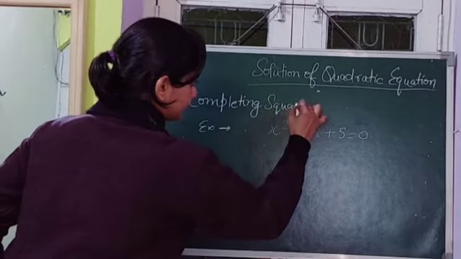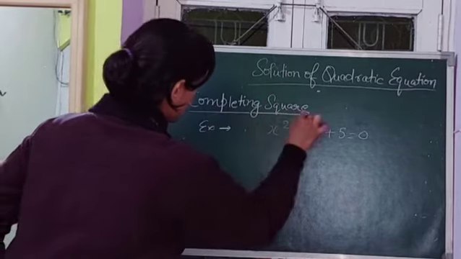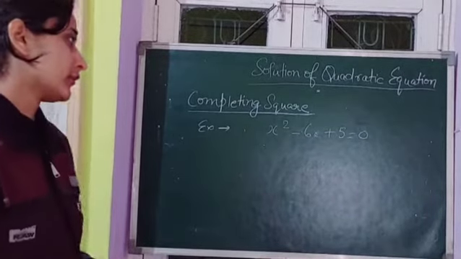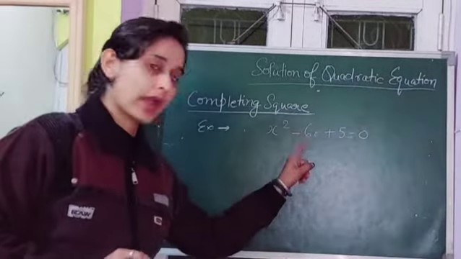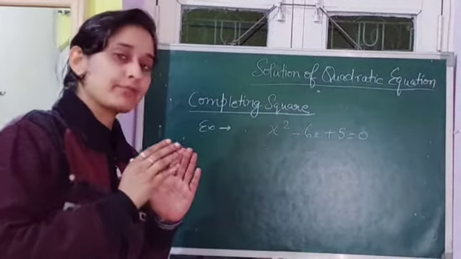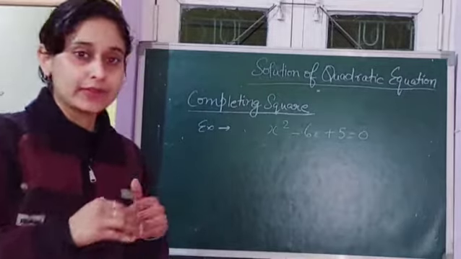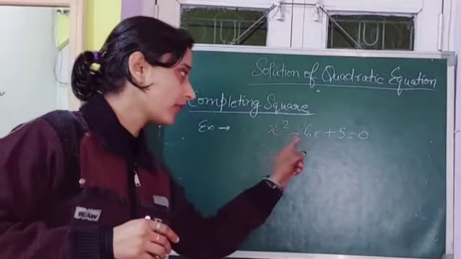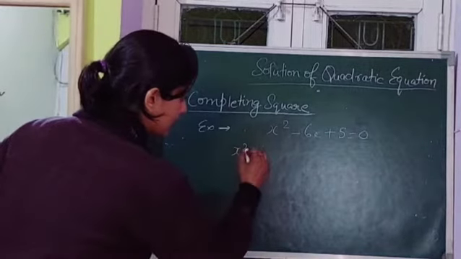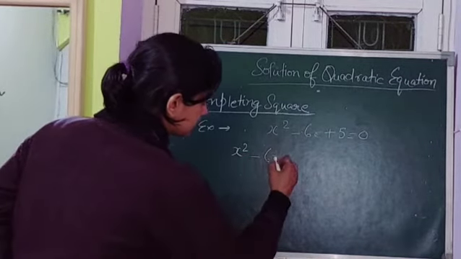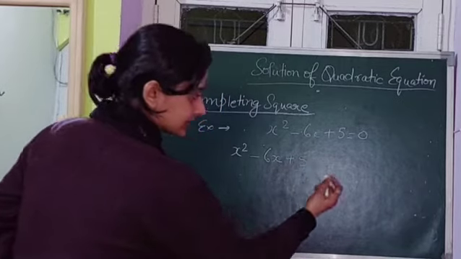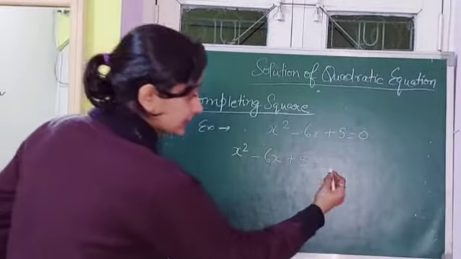Completing the square. In this method, what we do? We half the coefficient of x and we add and subtract the square of half the coefficient of x. x square minus 6x plus 5, then minus and plus the square of half the coefficient of x.